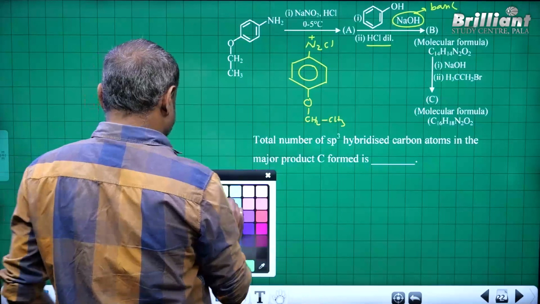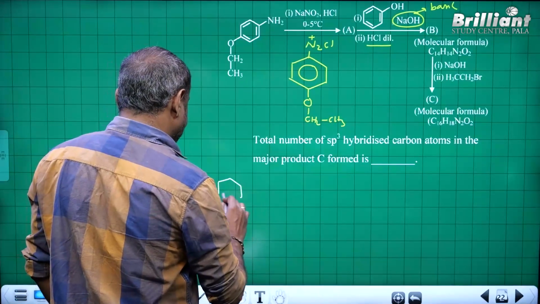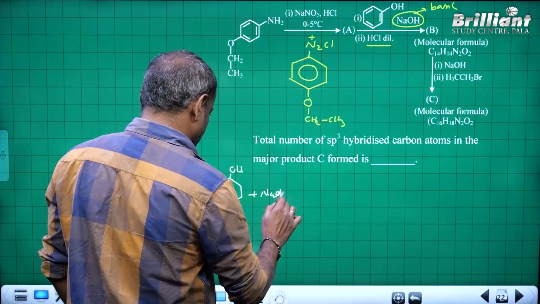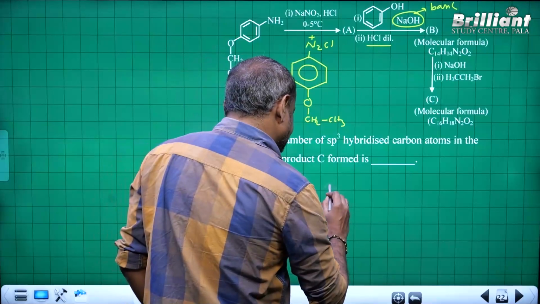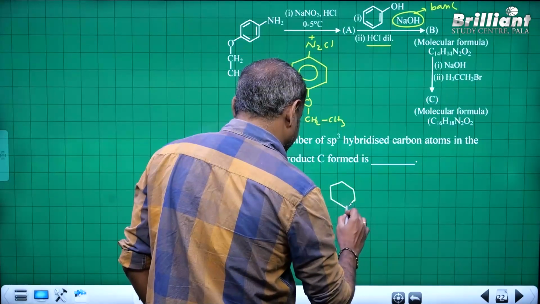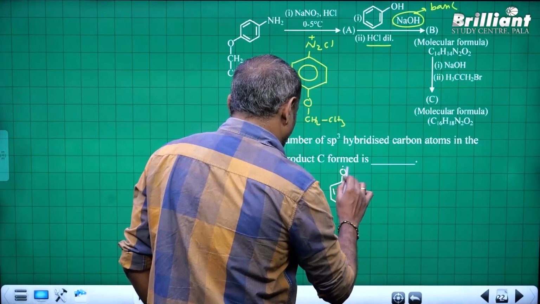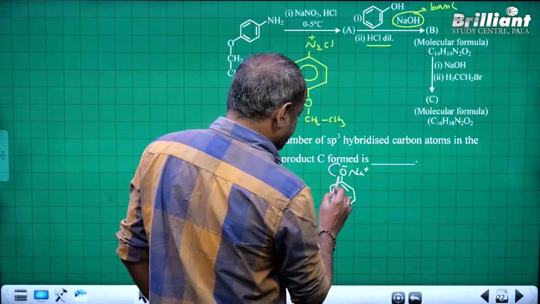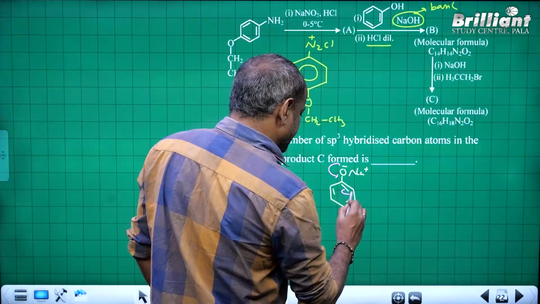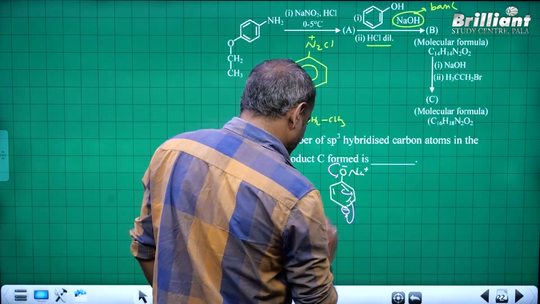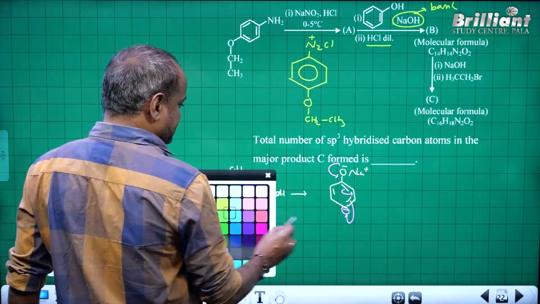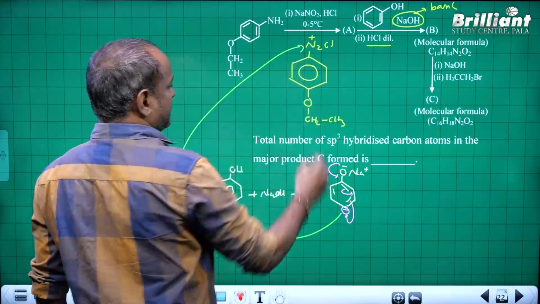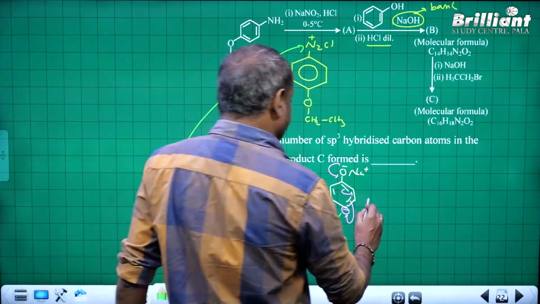So, let us look at the sequence of reaction. Phenol plus NaOH gives C6H5O minus Na plus. Now, this O minus goes into resonance, this bond comes here, this bond is taken by the para position. This para position undergoes coupling reaction with diazonium salt.